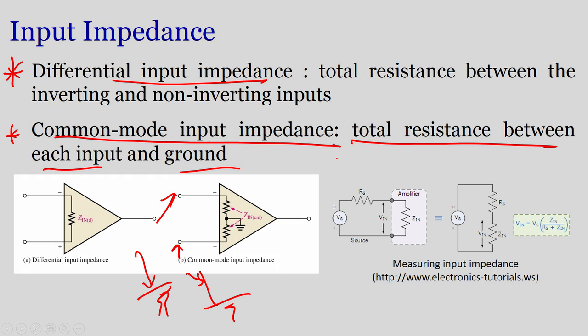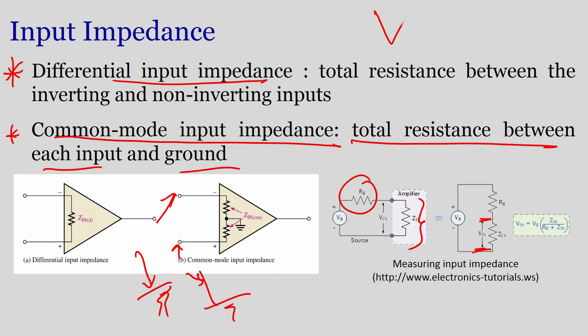So, remember these terms. We have taken this circuit from electronic tutorials. There is a signal Vs, then the resistance Rs because of the source, so Vs is a source and the resistance is Rs. This is the input impedance of the amplifier, Zin. If you draw the equivalent circuit, we will have Rs and Zin in series. If you want to measure the voltage Vin at this terminal, what formula do you have?